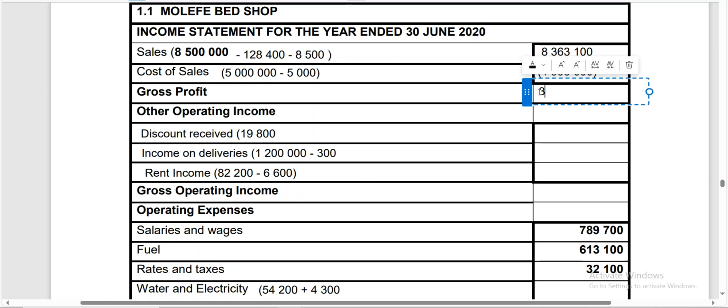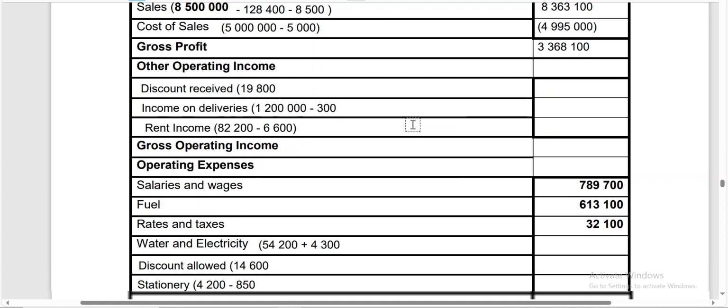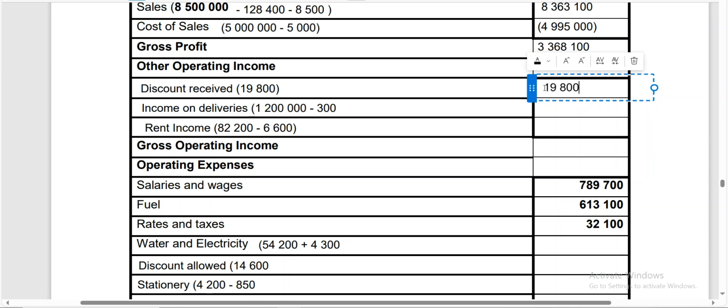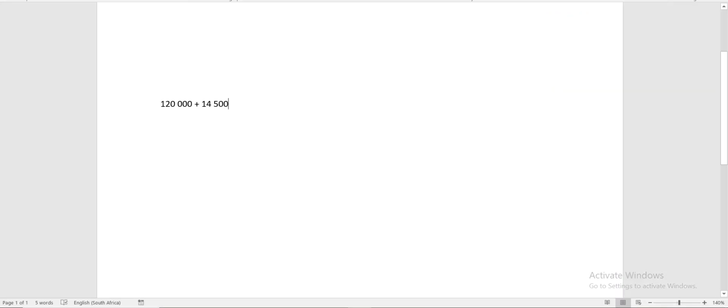So we'd have 3,368,100. And then from there, our discount received did not change, so it still remained 19,800. So we'd have 19,800 here.